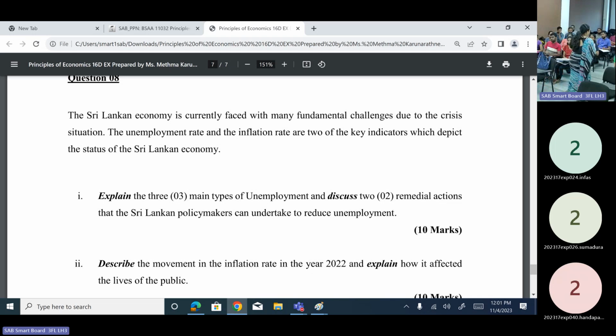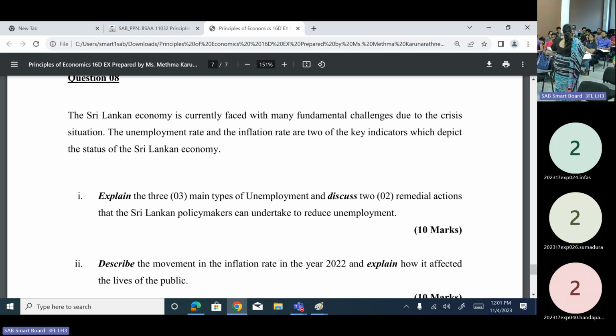So inflation was hit up due to many reasons. What were the causes of inflation that we studied? Demand-related causes, supply-related causes. There was a higher demand. People were asking for more and more because there was a shortage. Supply side, huge shortages.